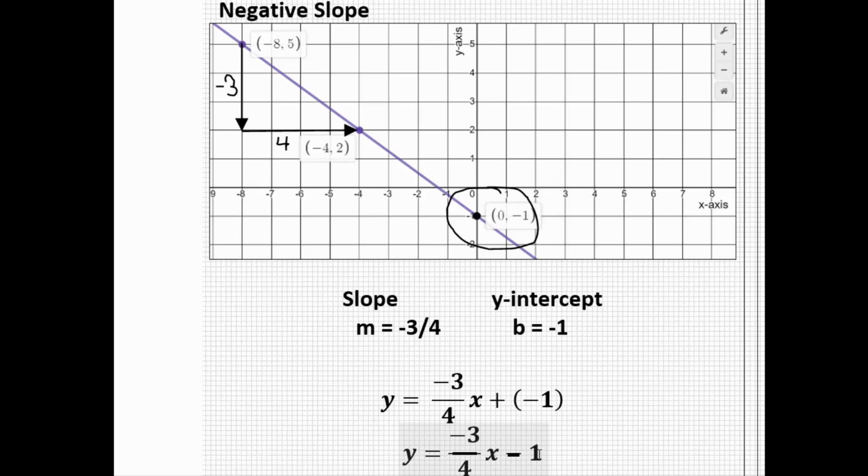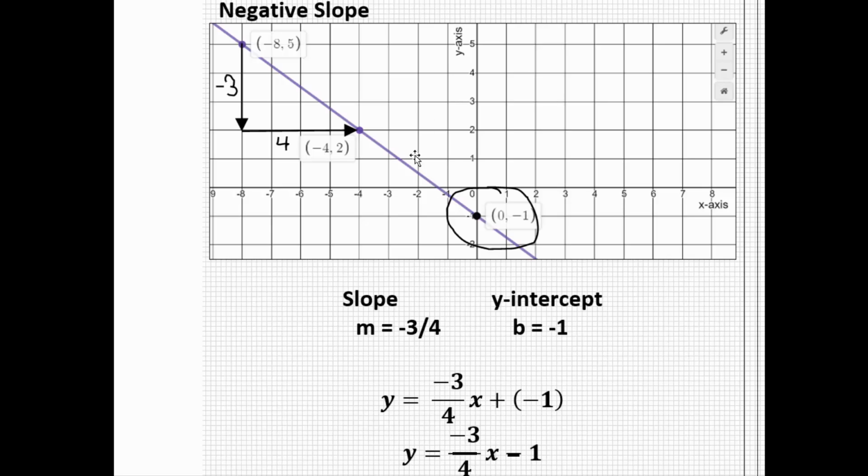So that would still tell me that this -1 is where my line crosses the y-axis, and it simplifies my equation. So whether you're writing it or you're reading an equation that somebody else has written and you're trying to interpret it, you might see it written this way, and it's more often the common way to write it when you have to go the other way and look at an equation and create the graph.